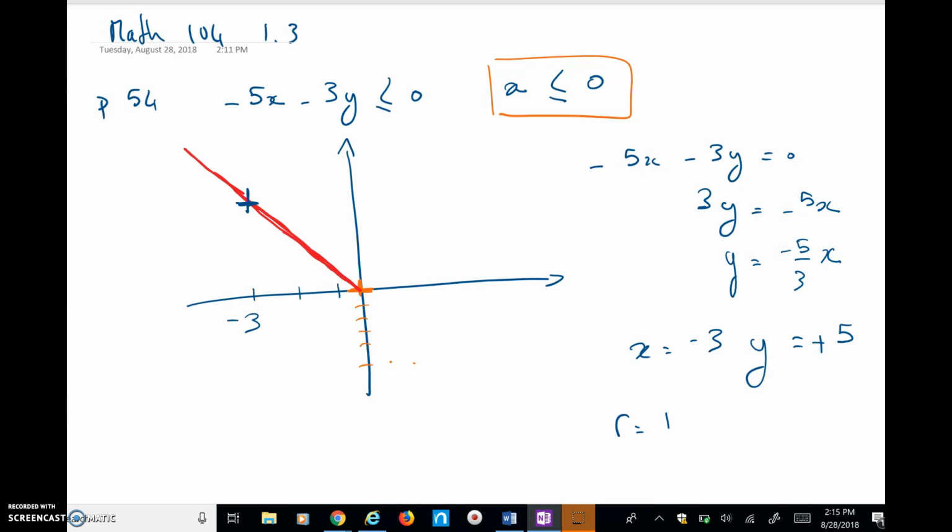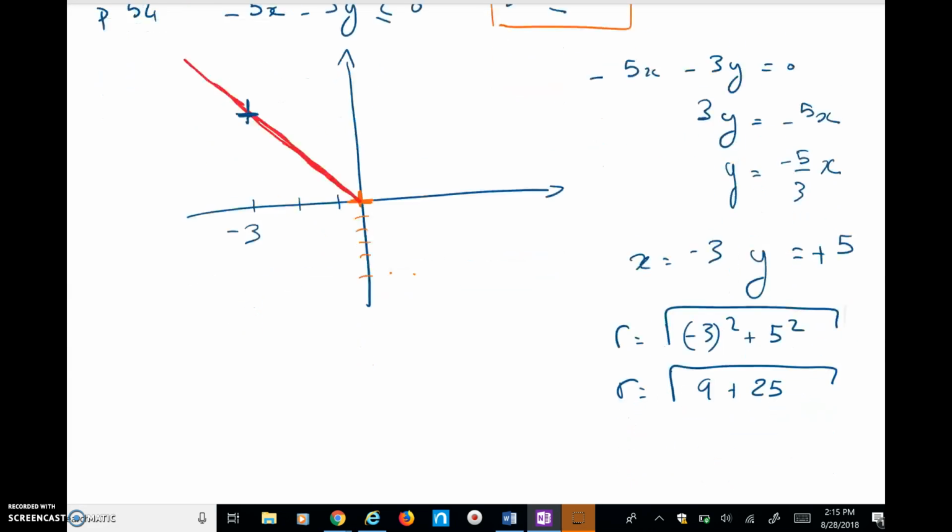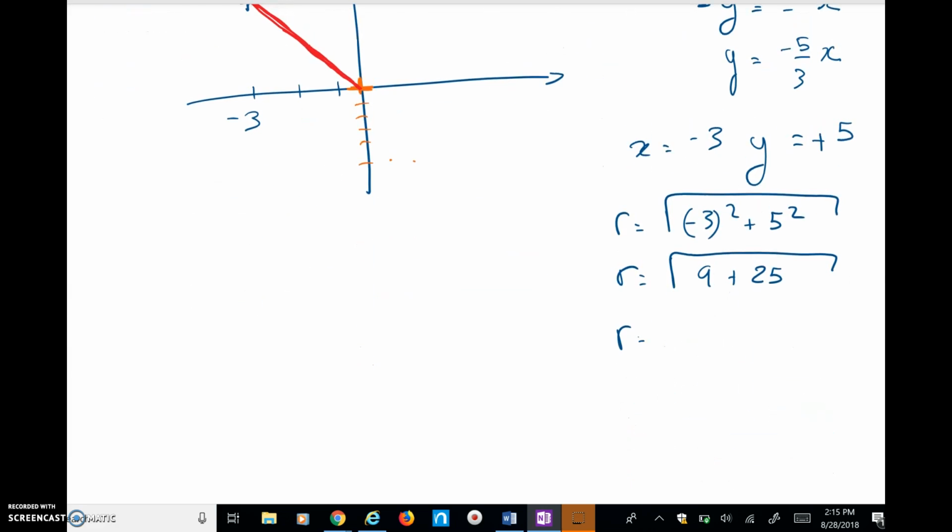Okay, so now pretty easy for me to define the value of r. r is going to be equal to the square root of negative 3 squared plus 5 squared. So r equals the square root of 9 plus 25, meaning that r equals the square root of 34. Therefore, cosine of the angle theta is equal to x divided by r, which is negative 3 divided by the square root of 34.